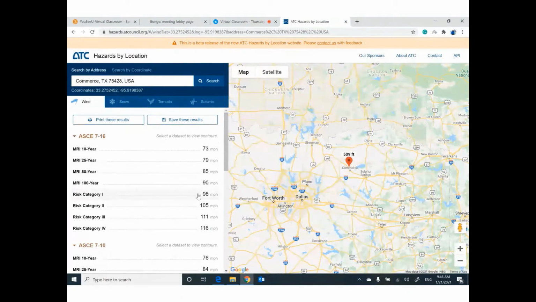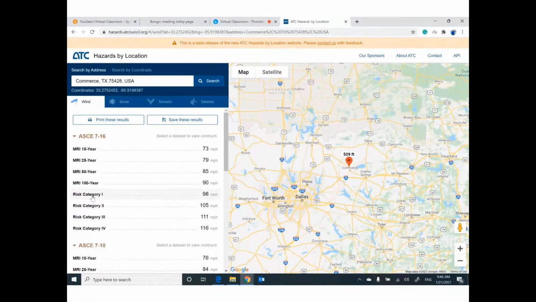This table can give you the speed of the wind in miles per hour based on the risk category. Risk category depends on the type of the structure. If you are building buildings for university, for schools, for hospitals, for residential buildings, we have different types of risk categories.